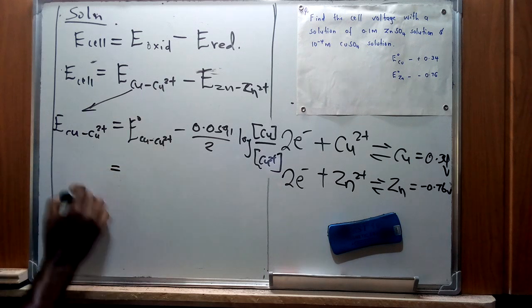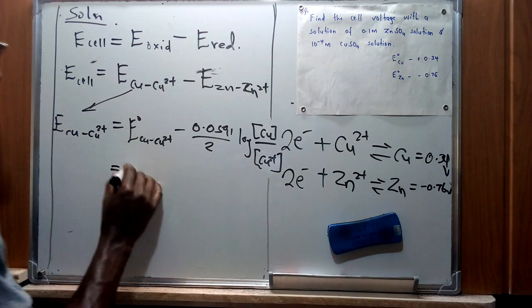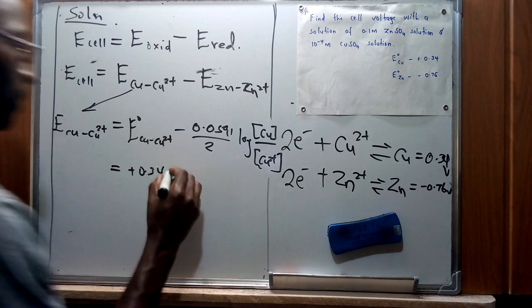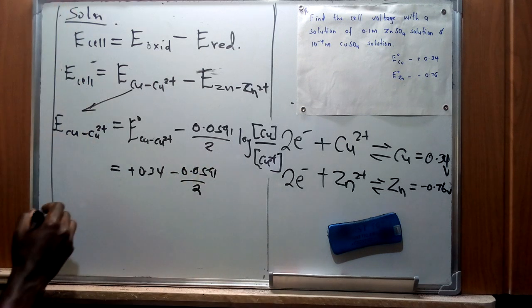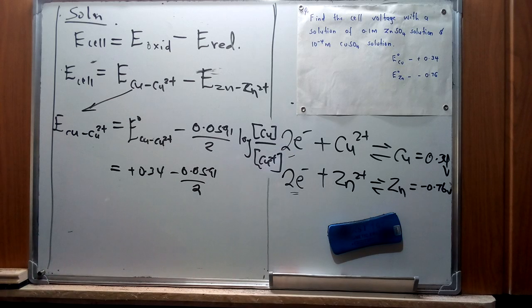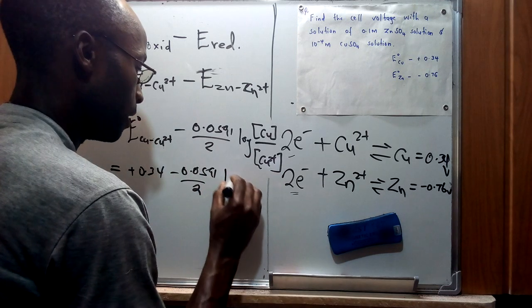So this is from the standard potential for copper. We have been given plus 0.34 minus 0.0591 over 2. The 2 specifically implies the number of electrons being used in this, of course, the reduction process. And this is going to be given for log.